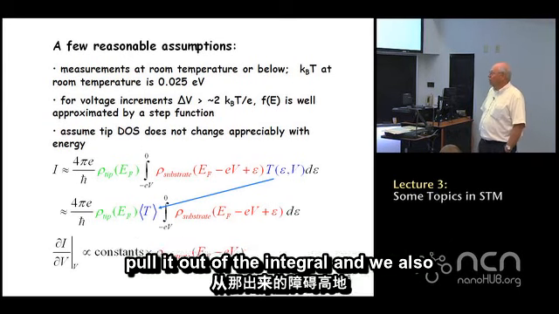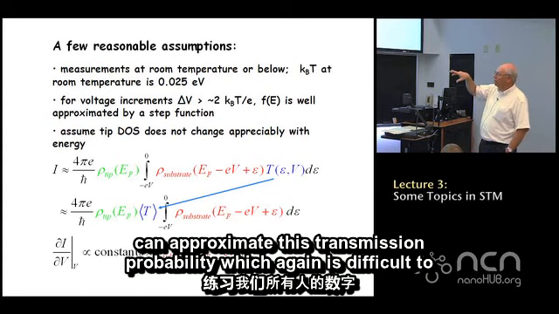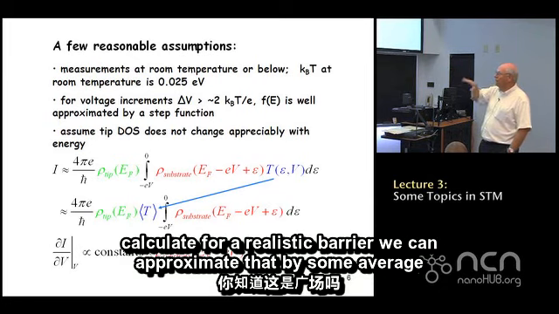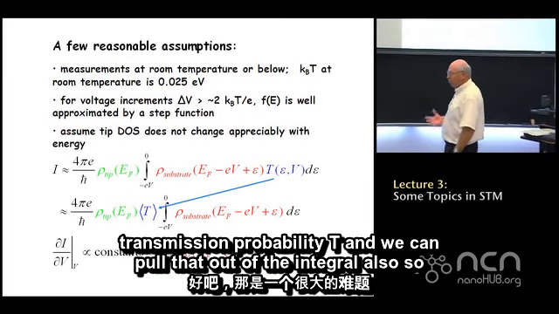And we also can approximate this transmission probability, which again is difficult to calculate for a realistic barrier. We can approximate that by some average transmission probability T, and we can pull that out of the integral also.